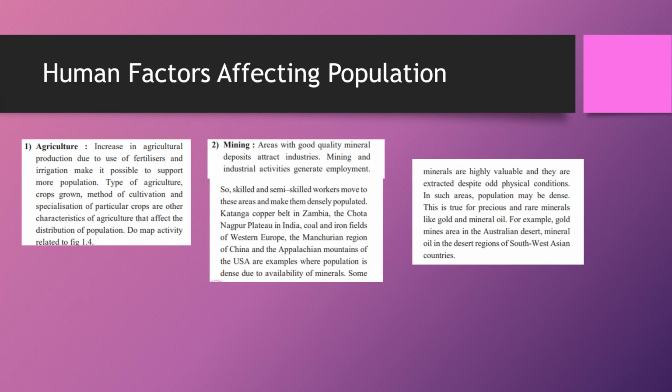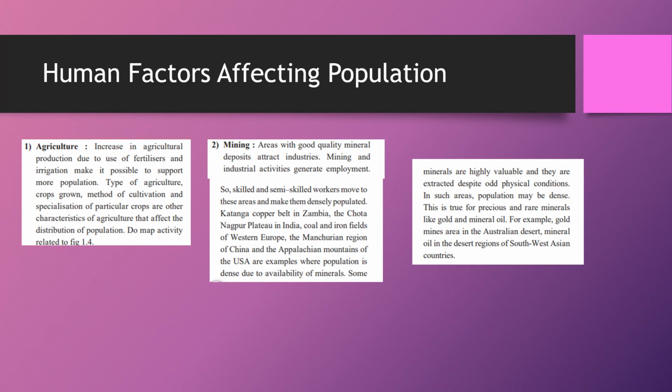Human factors affecting population. Now, there were physical factors. These are the human factors that affect population. So what are the human factors? Humans indulge in agricultural activities, therefore that remains our first point. Increase in agricultural production due to use of fertilizers and irrigation makes it possible to support more population.